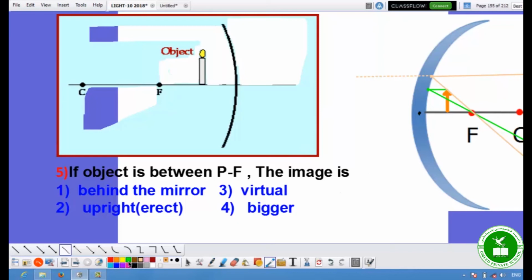Next, we should extend this reflected ray also. Now we extend it. These two imaginary rays have intersected each other at this point. So here the image is formed. Okay, let me draw the image.